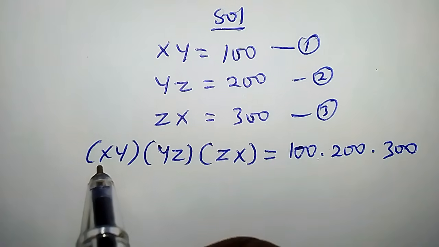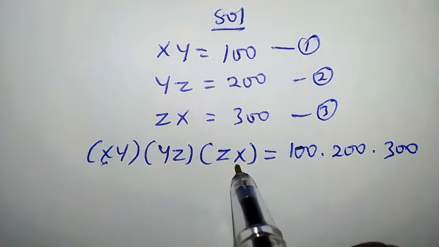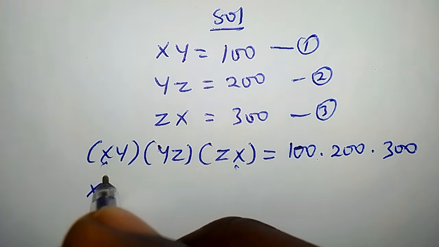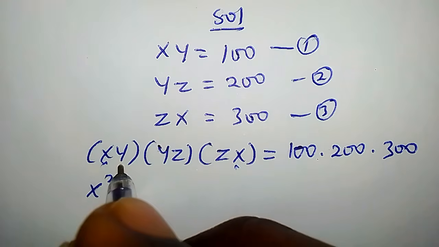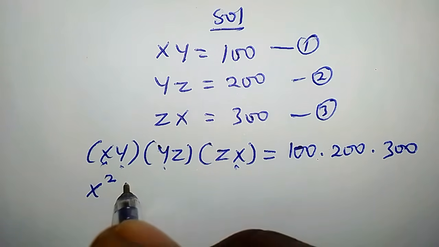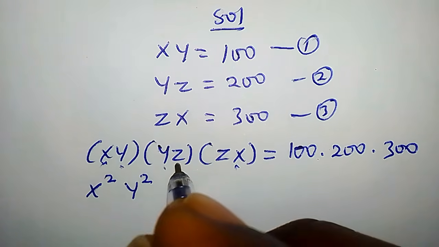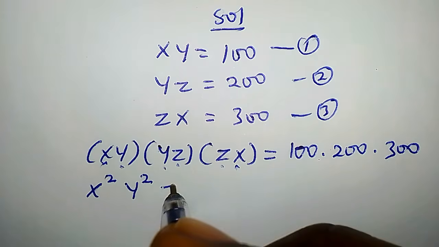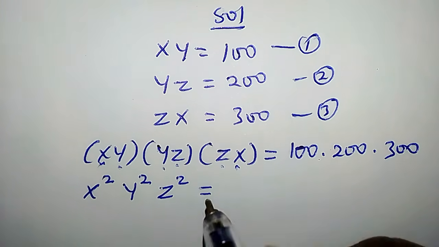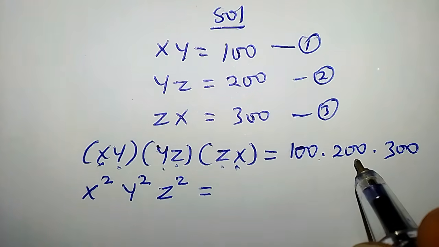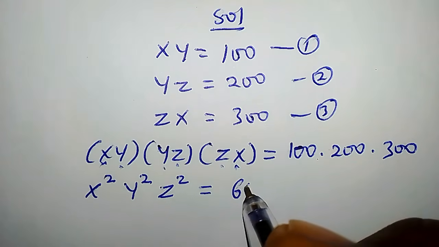Let's take it one by one. x times x, that is x squared. y times y, that is y squared. z times z, that is z squared, equal to 100 times 200 times 300, that is 6 million.